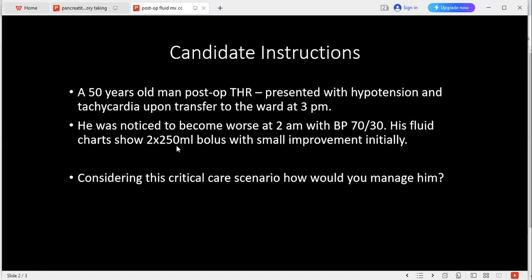In Ringer's lactate the amount of sodium is 134, and in normal saline it is 154 millimoles per liter, and in Ringer's lactate the amount of chloride is 109 millimoles per liter.